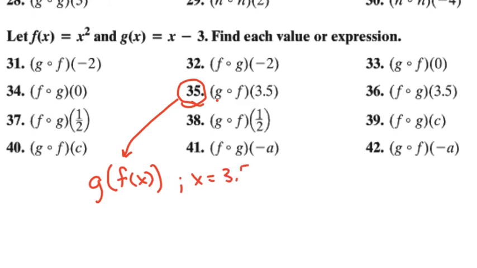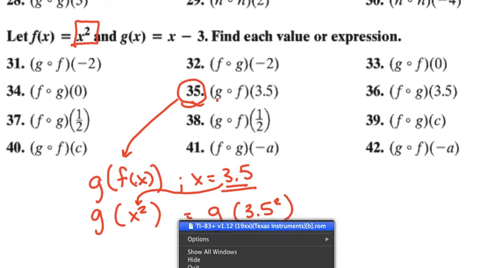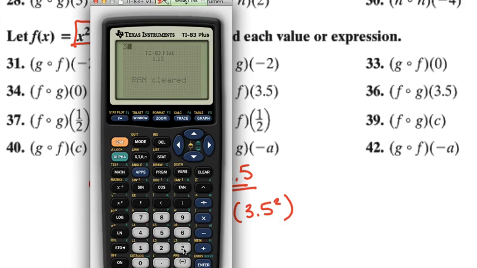X is 3.5. Okay, so the first thing I'm going to do is replace this f of x with the expression that f of x is equal to. So this becomes g of x squared. Well, now I'm going to go ahead and put in this 3.5 for x, right? So this is g of 3.5 squared. Using the calculator, we've got 3.5 squared, 12.25.